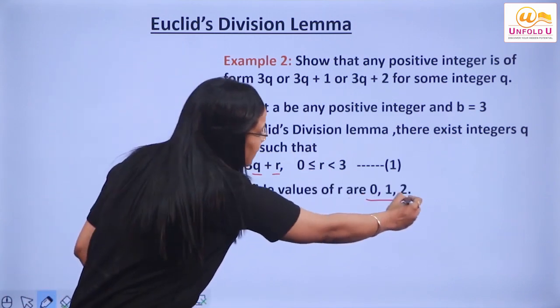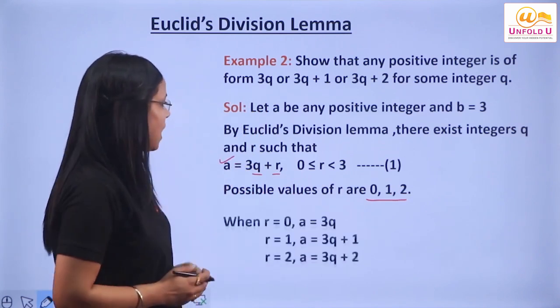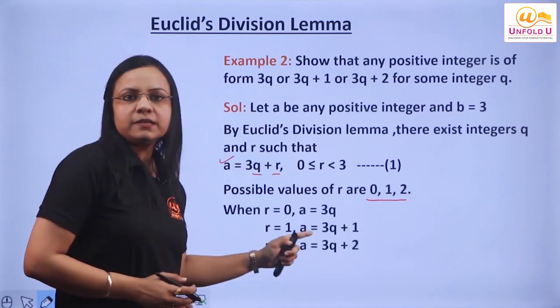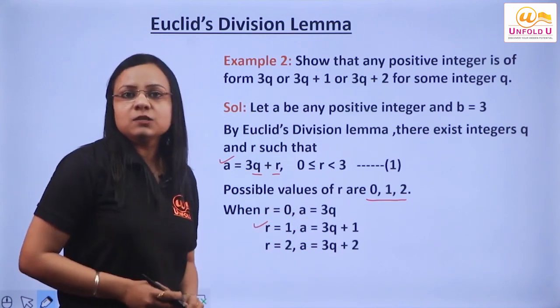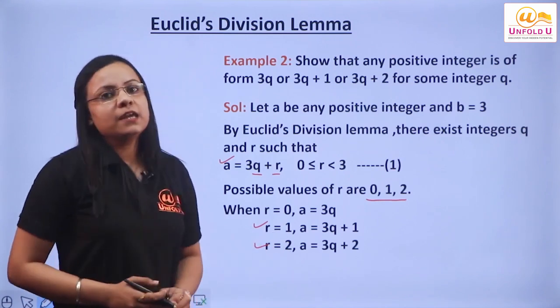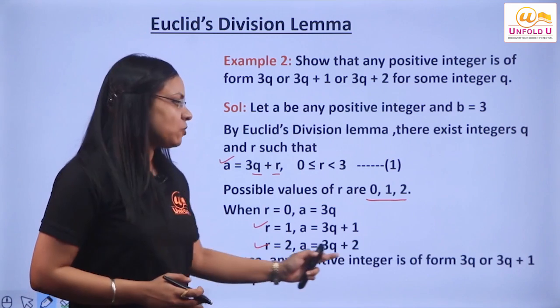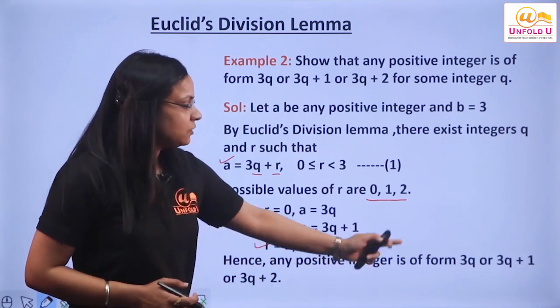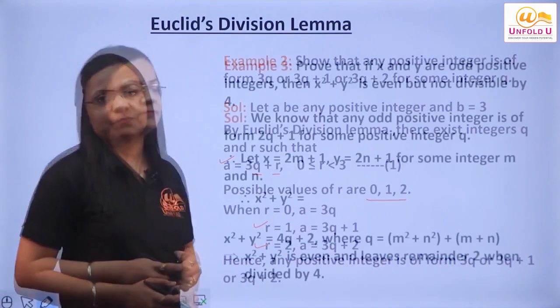Now we'll put these values in a to find the value of a. So when r is equal to 0, we get a is equal to 3q. When r is equal to 1, we get a is equal to 3q plus 1. And when r is equal to 2, we get a is equal to 3q plus 2. So we write that any positive integer is of the form 3q or 3q plus 1 or 3q plus 2.